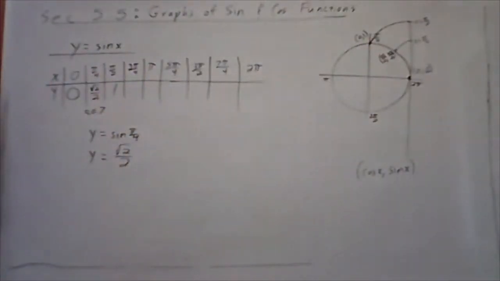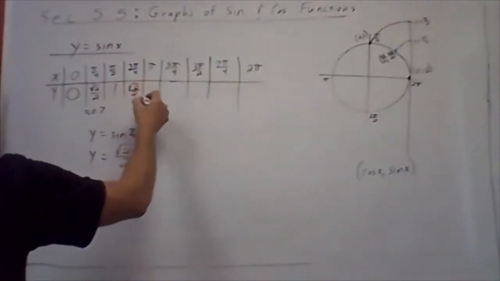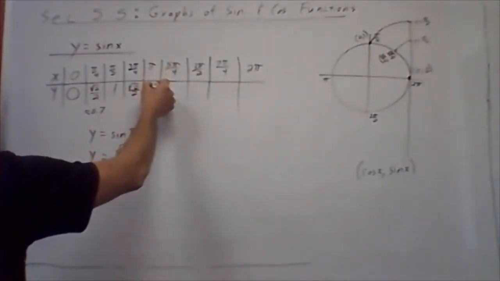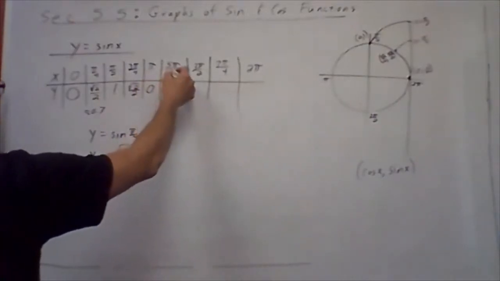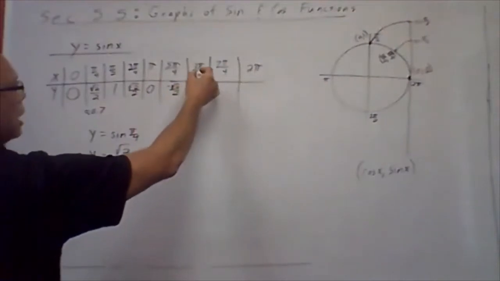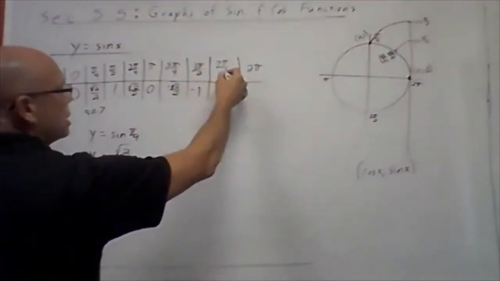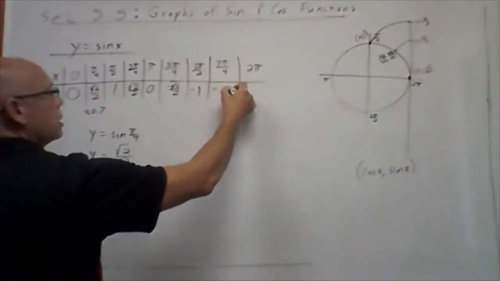And you can keep going around and doing this. I'm just going to fill in here, okay? This is square root of 2 over 2. At pi, your sine is 0. At 5 pi over 4, you're at negative square root of 2 over 2. At 3 pi over 2, you're at negative 1. At 7 pi over 4, you're at negative square root of 2 over 2.